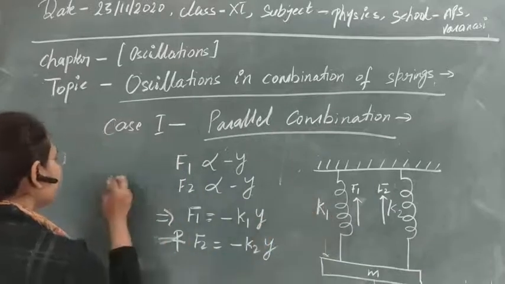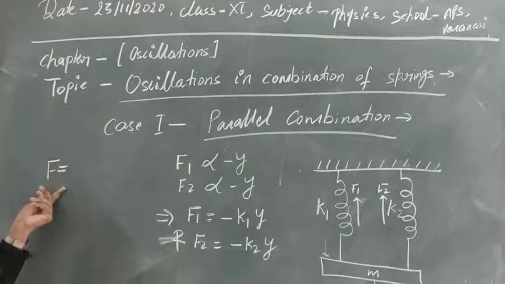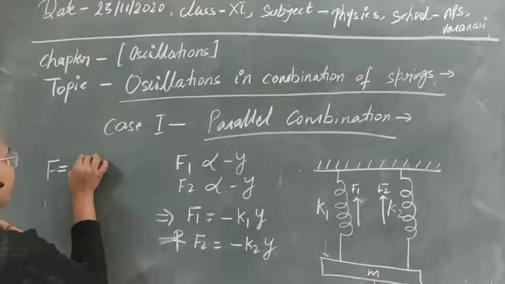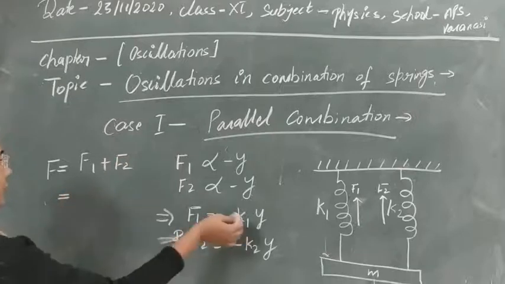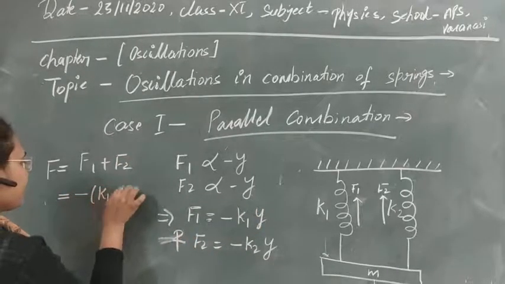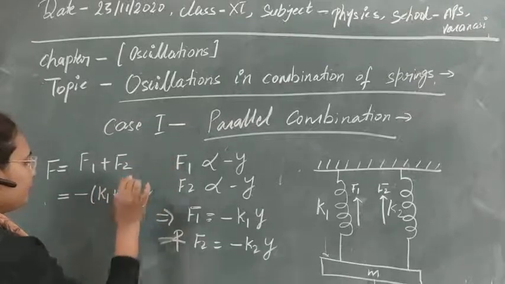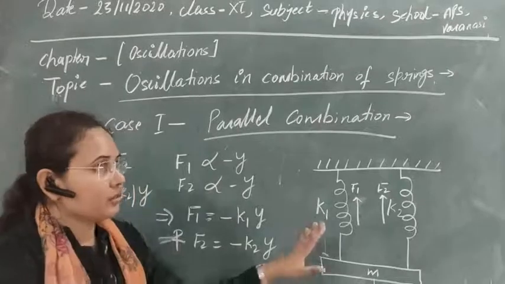So what is the total restoring force? Suppose the total restoring force is capital F. That will be F1 plus F2. If you solve this, we get K1 plus K2 into Y. Clear? I think there is no confusion still.